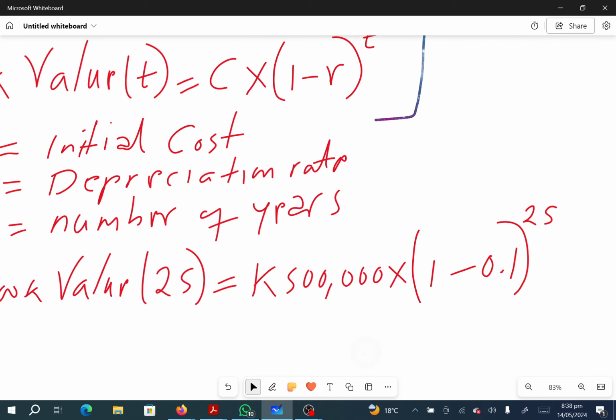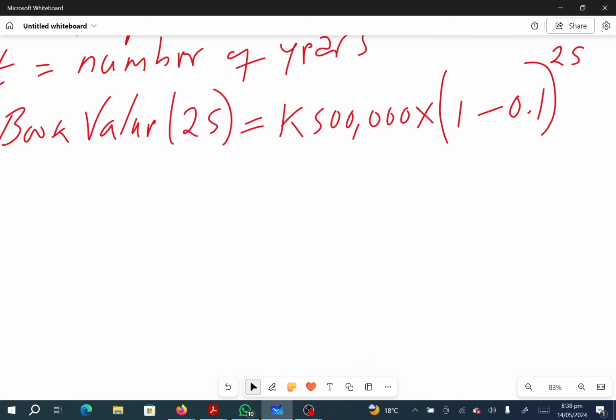So we can now calculate. We say 500,000 multiplied by 1 minus 0.1. What are we getting? 0.9.